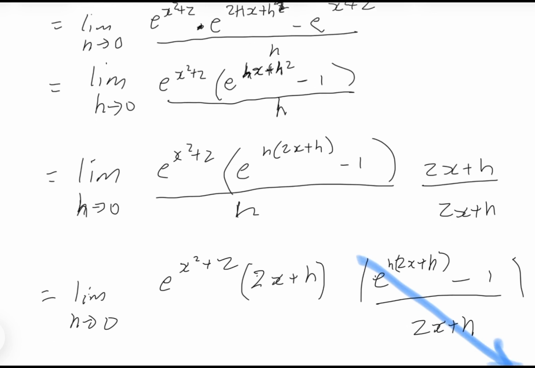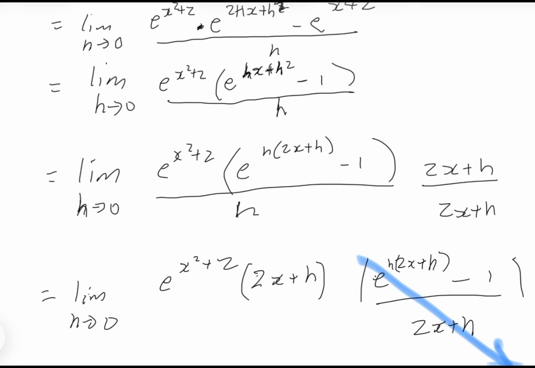Again, we want to have the same denominator as the power raised to the e in the brackets in the numerator. So we want to have hx plus h squared in the denominator as well. But that would be after you factored out an h, all you would need to do is multiply by 2x plus h over 2x plus h, because you have an h in the denominator as well.